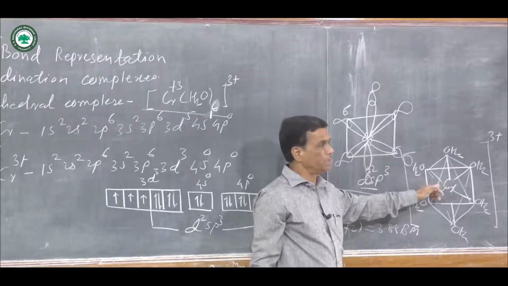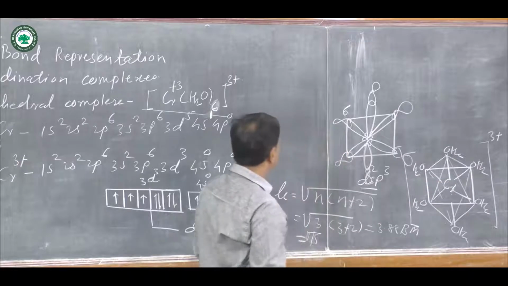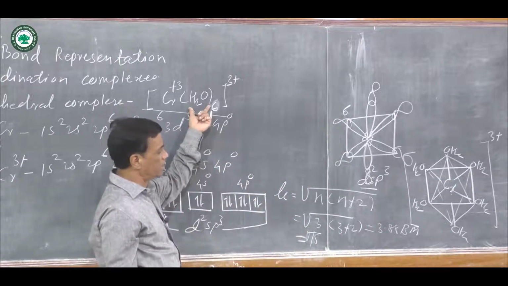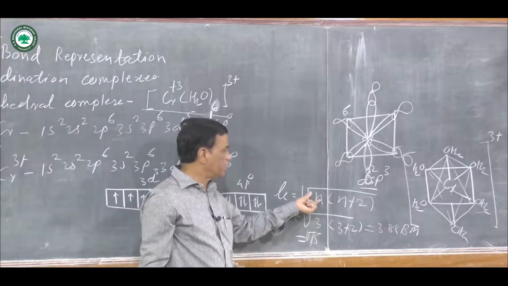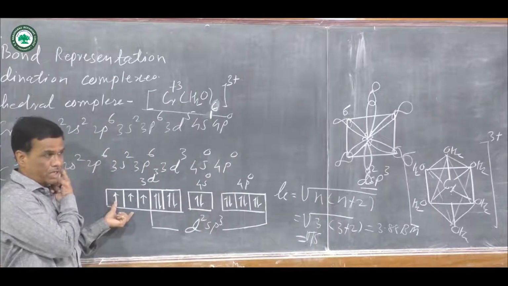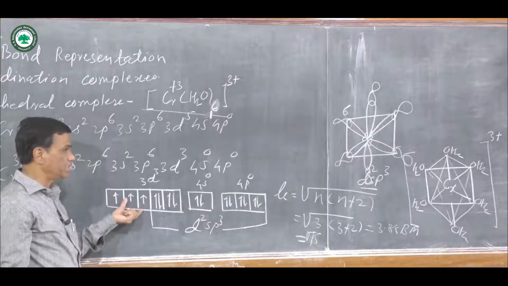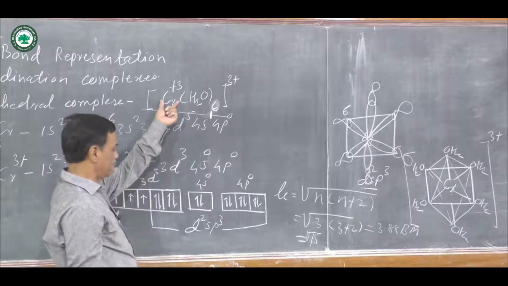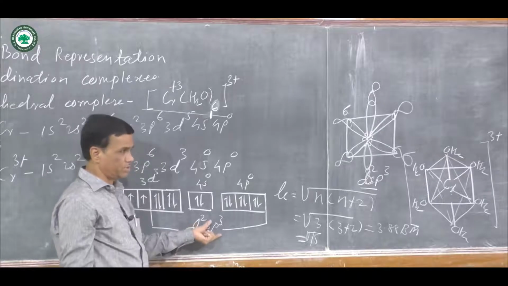This is the arrangement of the central metal ion and ligands, and the magnetic nature of this complex ion is paramagnetic because 3 unpaired electrons are there. Here n is equal to 3, and all these things are represented by Pauling and Slater by box diagram representation: overlapping of atomic orbitals of the central metal ion, and formation of hybrid orbitals as d2sp3.